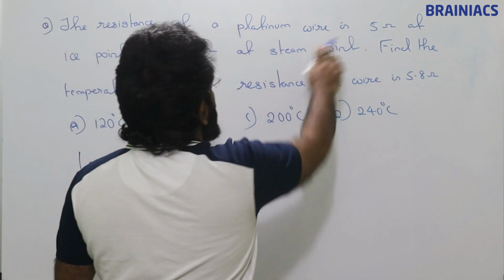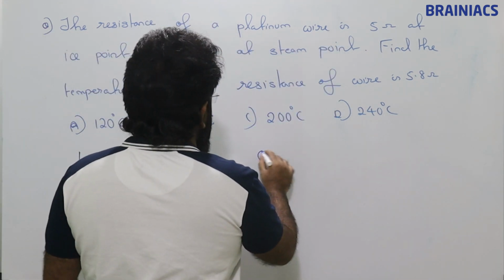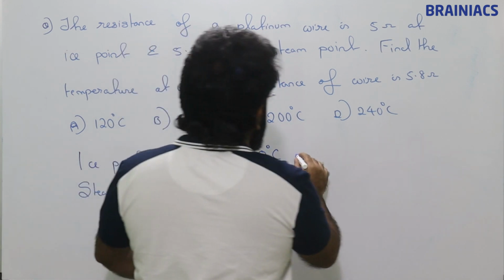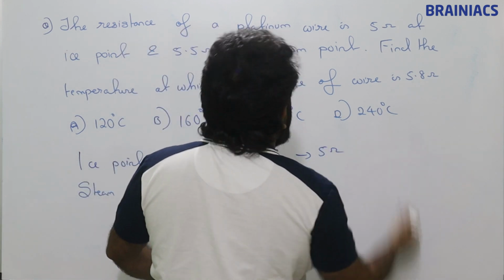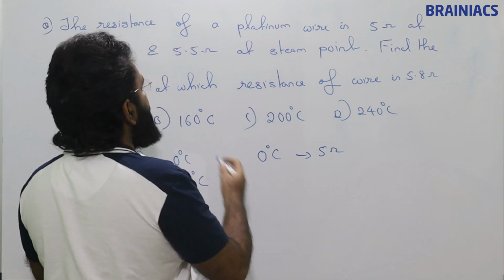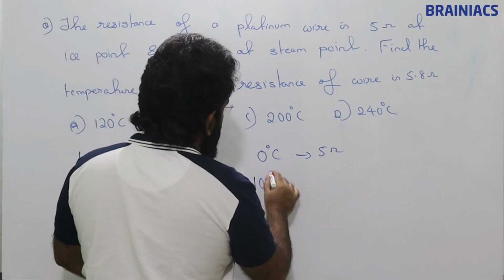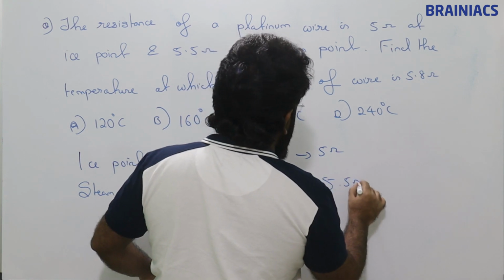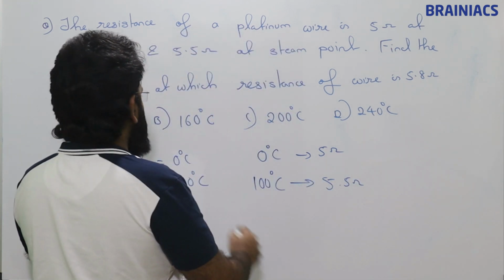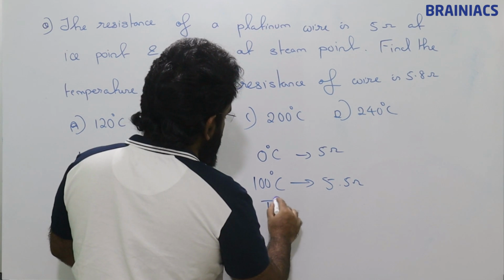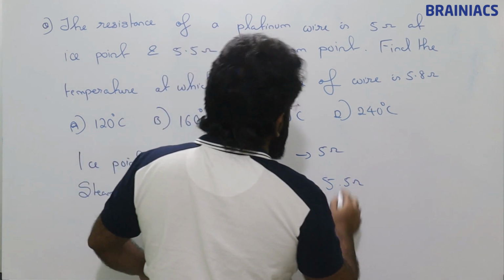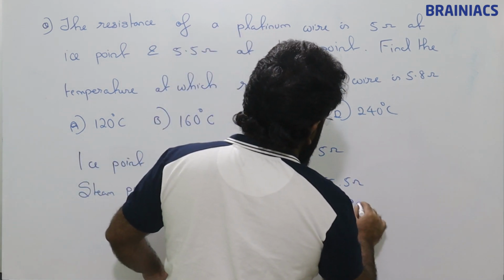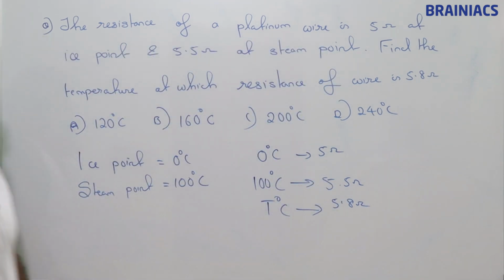So the resistance of the platinum wire at 0 degrees Celsius is 5 ohm, and at 100 degrees Celsius the resistance is 5.5 ohm. So at what temperature, at T degrees Celsius, is this going to be 5.8 ohm? So how to find out?